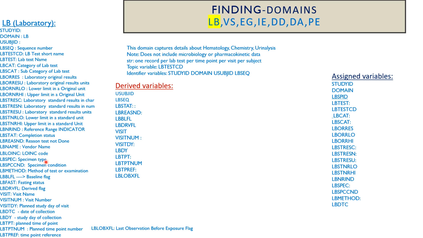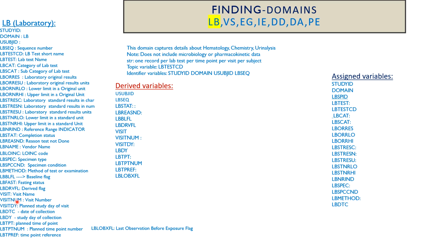Then LBSPEC, the specimen type, like liquid, and the specimen condition and method used. Baseline flag is also a very important variable in the LB domain and in all findings domains, like LBBLFL. Then LBFAST, the fasting status, and derived flag. We'll discuss on the next slide how to derive these variables.